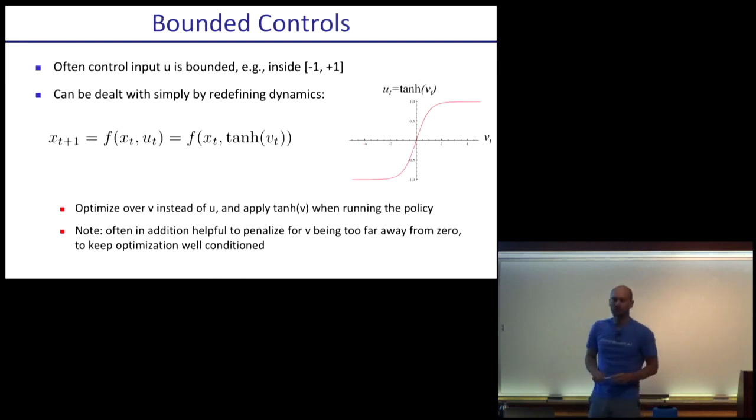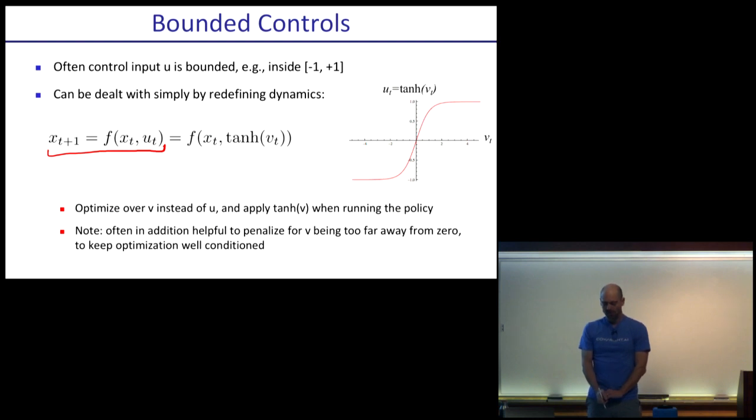Okay, then here's another idea. Imagine you have bounded controls. So your control input has to be between -1 and +1, let's say. Well, here's what you can do. You can change your dynamics. The original dynamics was x_{t+1} equals f of x_t comma u_t. You do a change of variables.